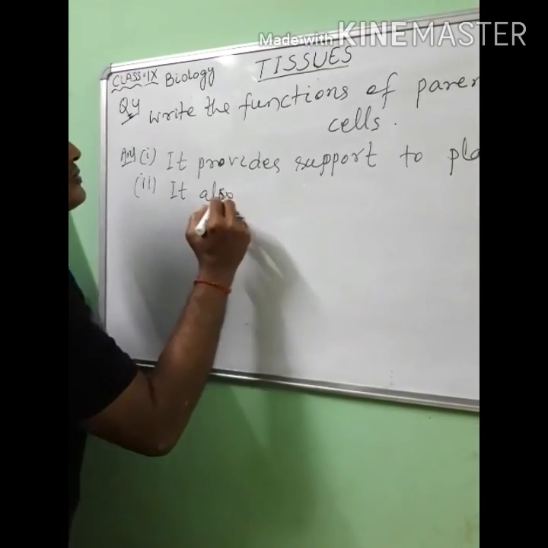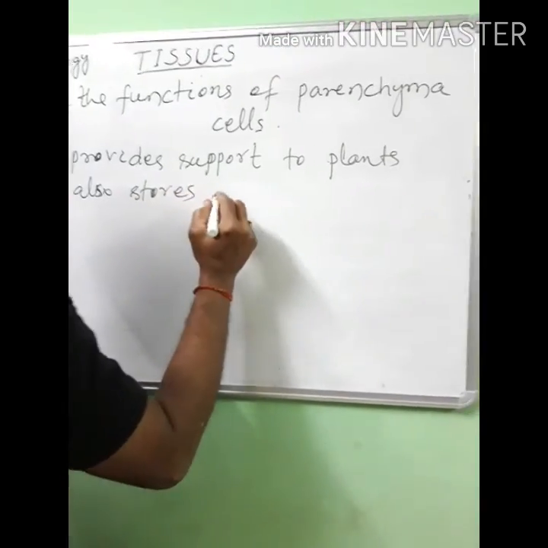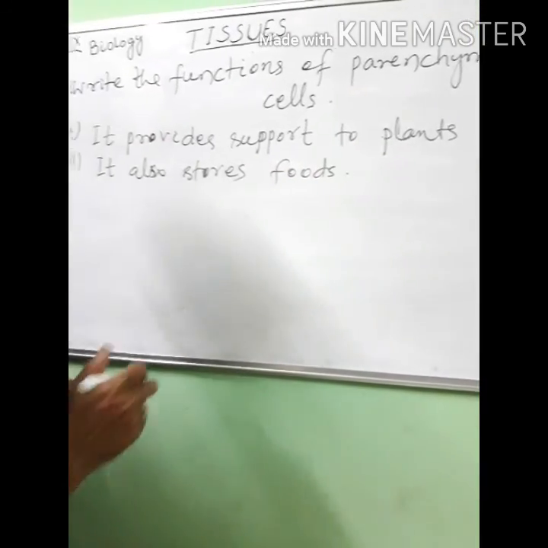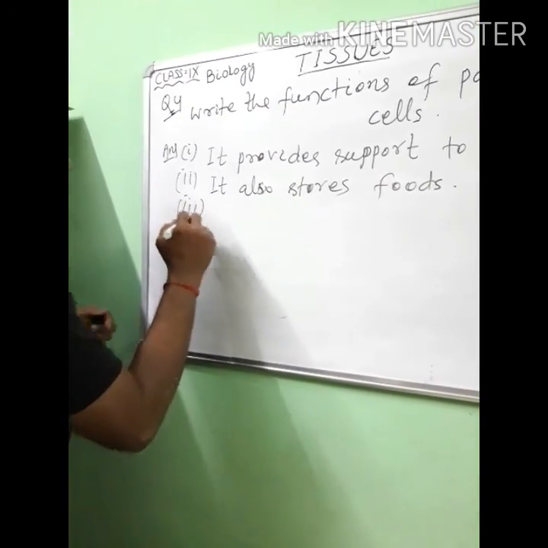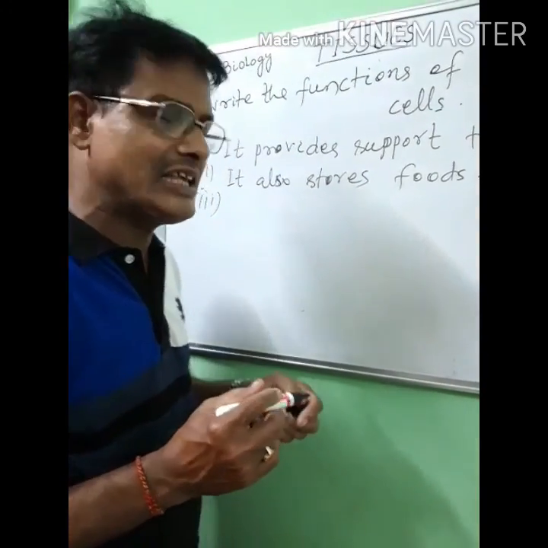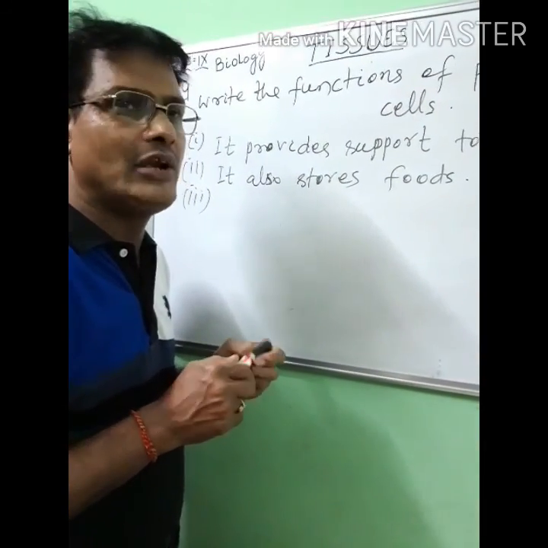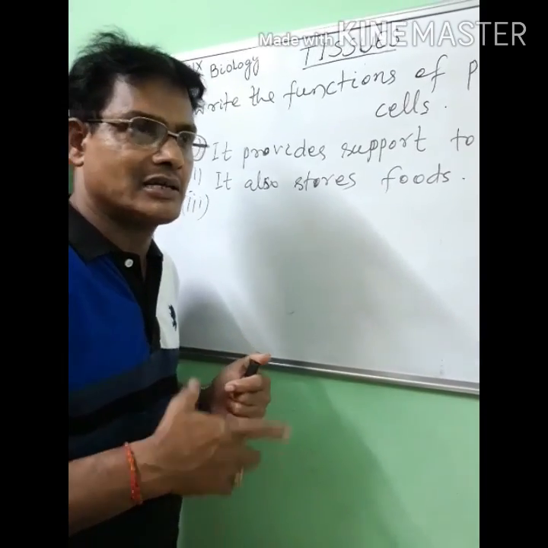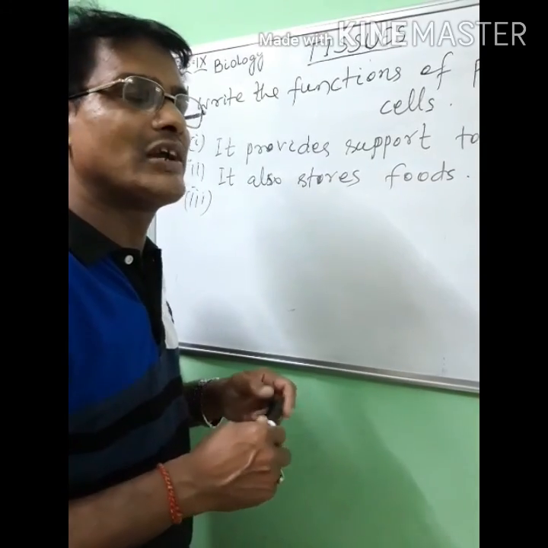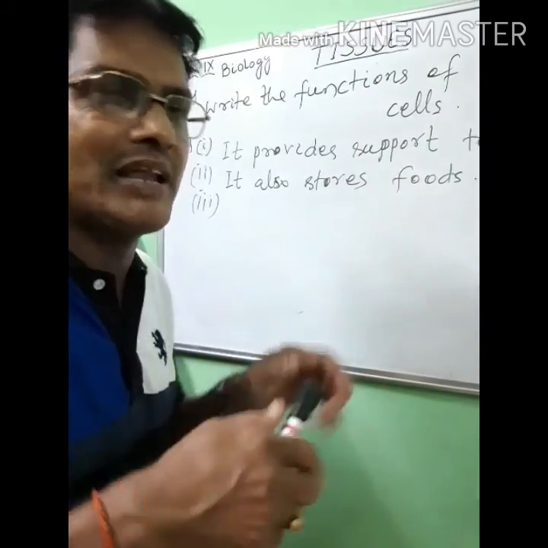Third: in aquatic plants, parenchyma cells are filled with air, called aerenchyma, which helps in the flotation of plants.